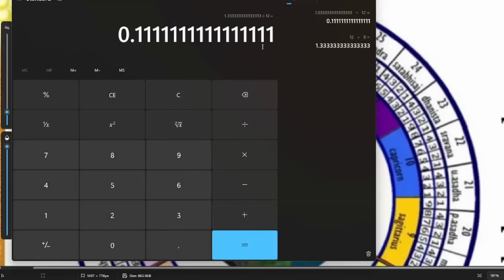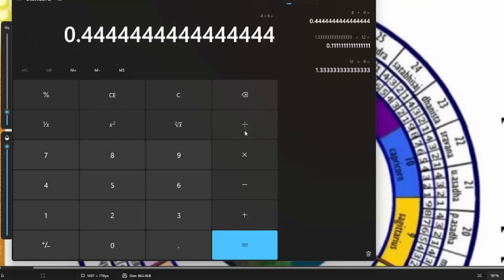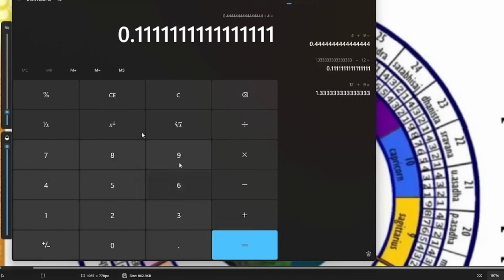You get the single digits. It also works the same: 4 divided by 9 equals this divided by 4. Single digits.